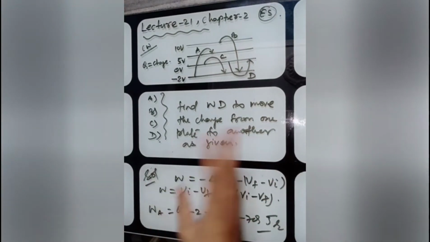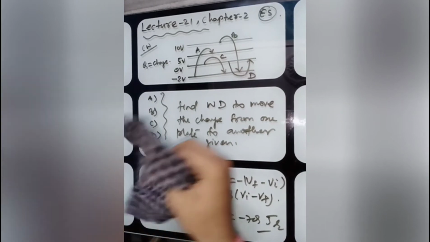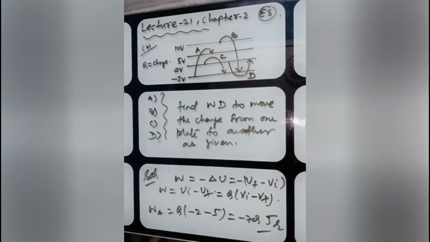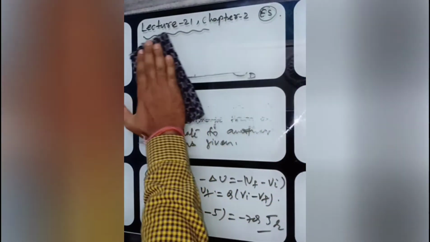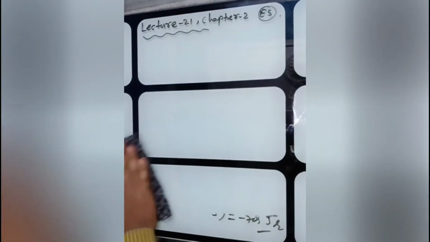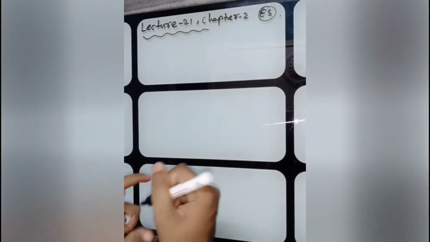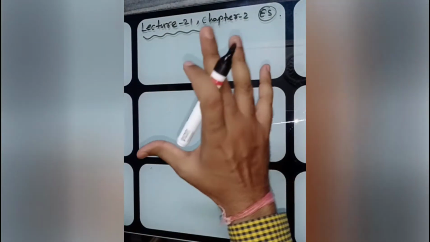Now this was the question. Actually I was thinking to start today's lecture with this question. Now, basically in today's lecture we have to focus on the potential due to a dipole.